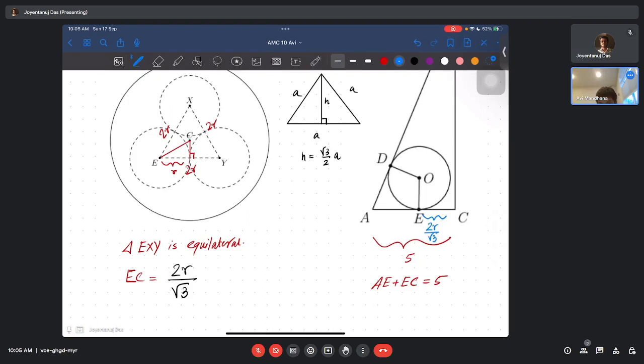So AE is 5 minus 2R over square root of 3. Right. Yes, that we can use, but we will try to find out AE differently so that we can use this equation to find the value of R. Okay.